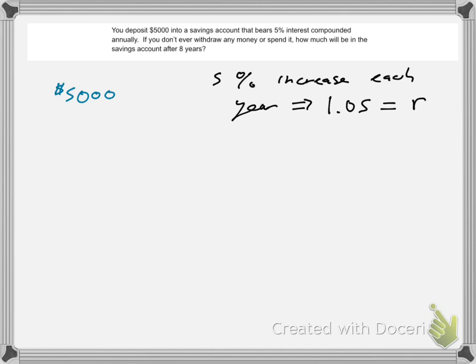So what that enables me to do now is take that 5,000 and multiply it by 1.05. Pulling out my calculator, 5,000 times 1.05 is 5250. Okay, and then I could multiply that by 1.05 again, and I get 5512.50.